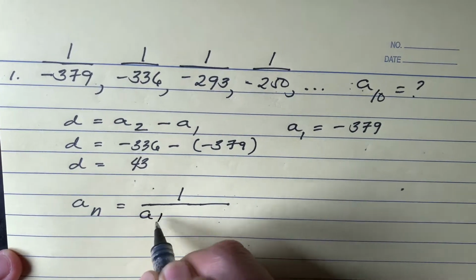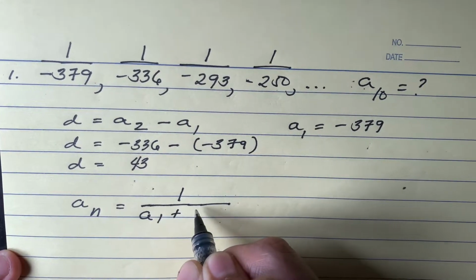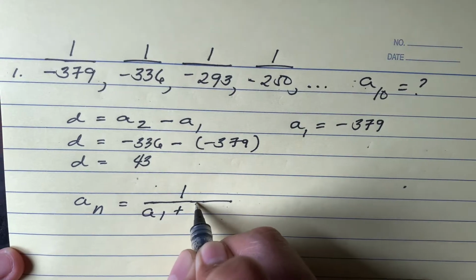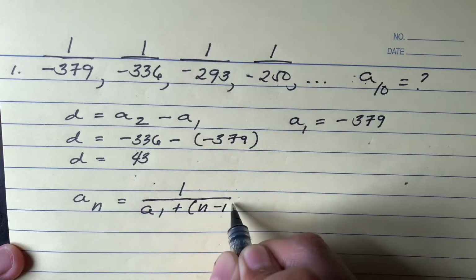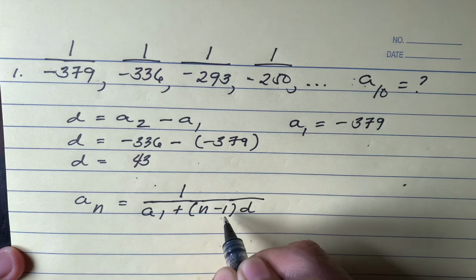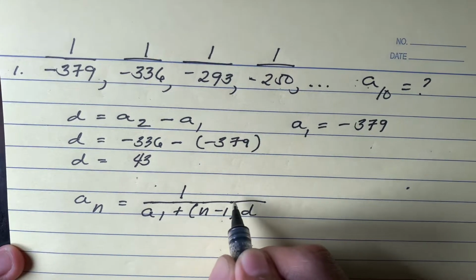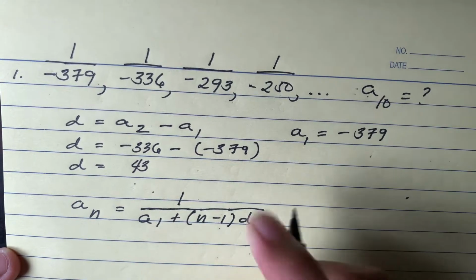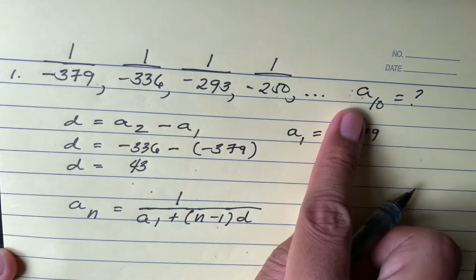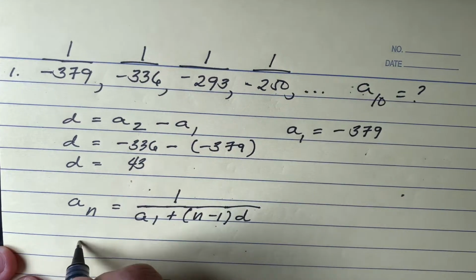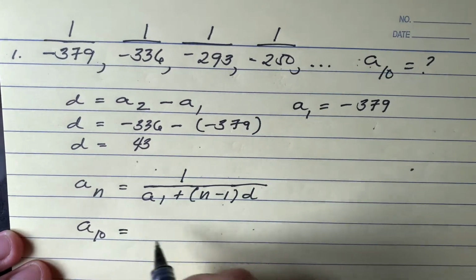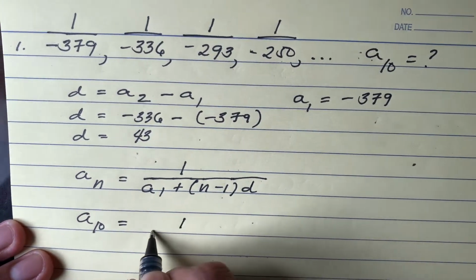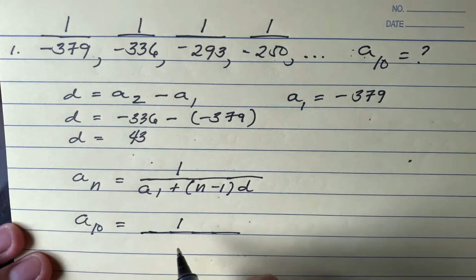So we have a sub 1 plus the quantity n minus 1 times d. This is now the formula if we are going to find out the specified term of an arithmetic sequence. In our example, we are going to find out our a sub 10.